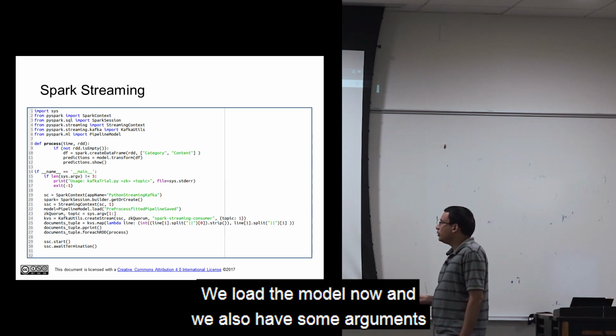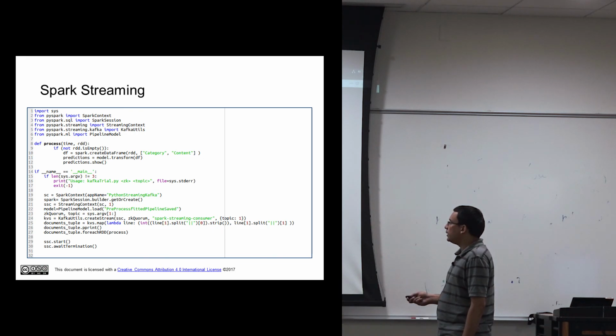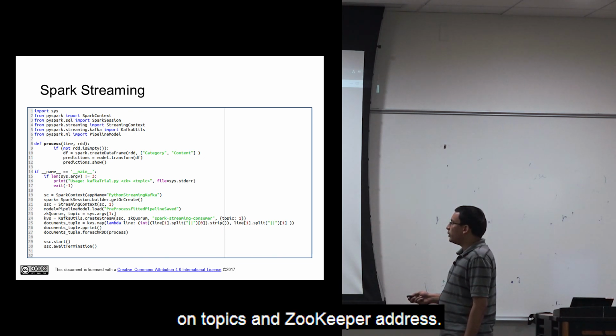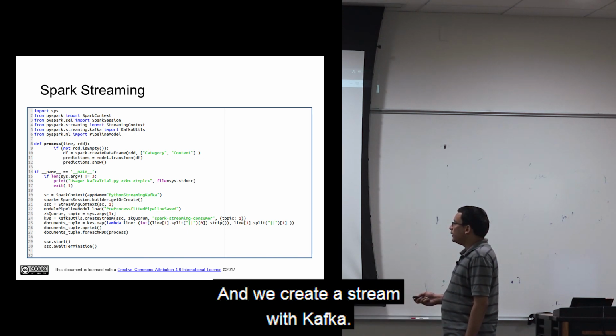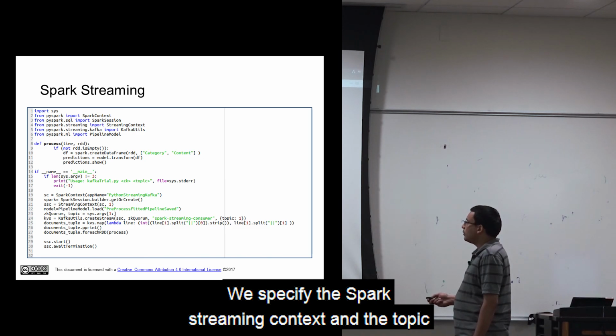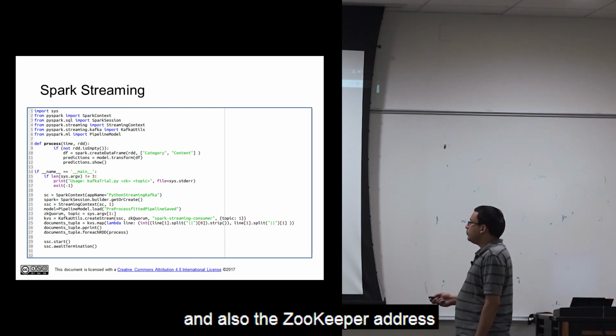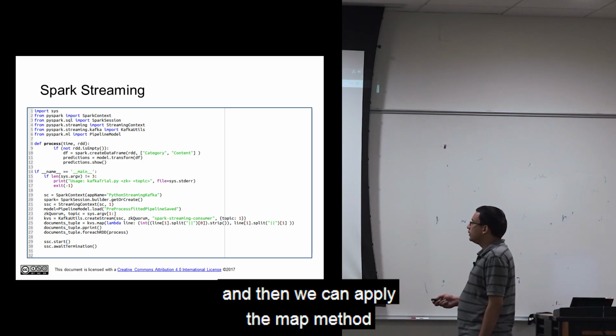We also have some arguments on topics and the Zookeeper address. And we create a stream with KafkaUtils. We specify the Spark streaming context, the topic, and also the Zookeeper address.